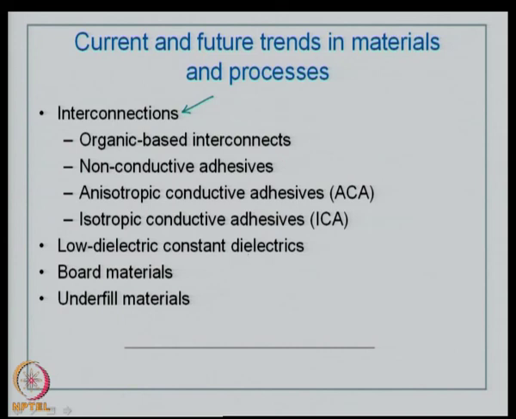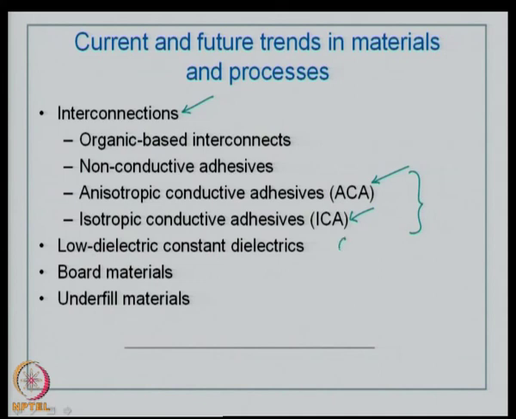So, they definitely aid or play a key role in defining the interconnects on the system. Anisotropic conductives is growing, lot of challenges in anisotropic conductive adhesives and isotropic conductive adhesives. We have seen what they are when we talked about packages.